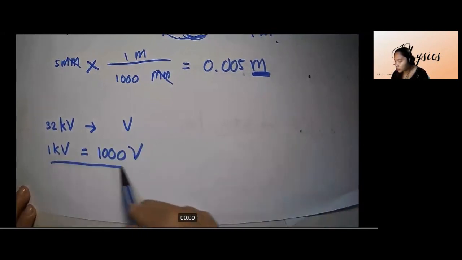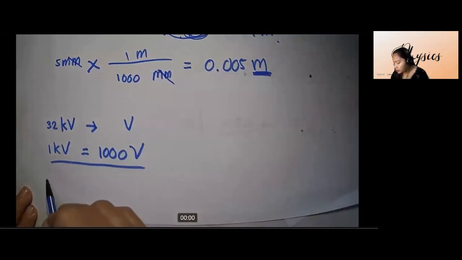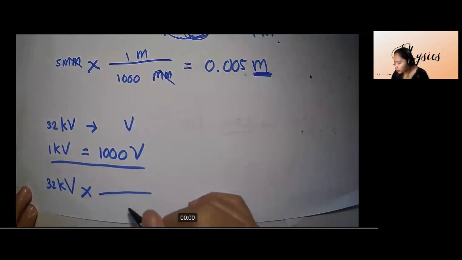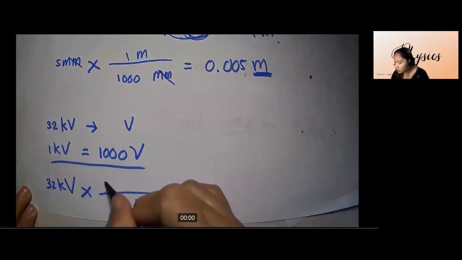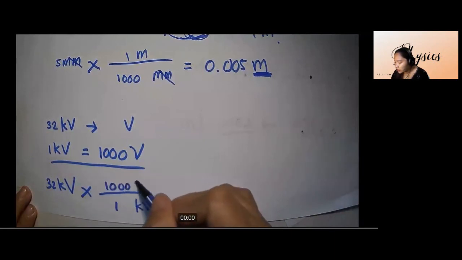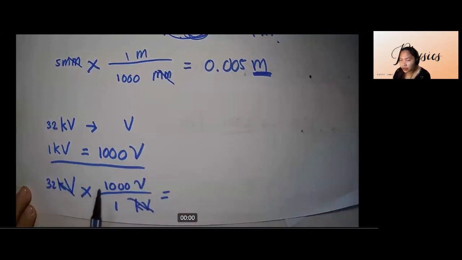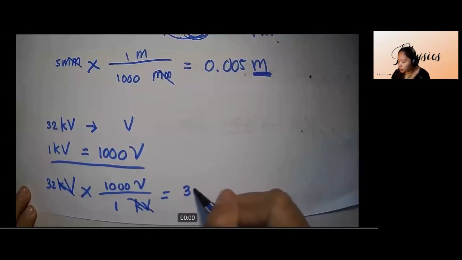So we can use this conversion factor. 32 kilovolts, multiply it with the conversion factor. We need to make sure that kilovolt is at the bottom. 1 kilovolt is equal to 1,000 volts, so kilovolt will be cancelled. Now we can proceed in computing. 32 times 1,000 is equal to 32,000, and the ending unit is volt.